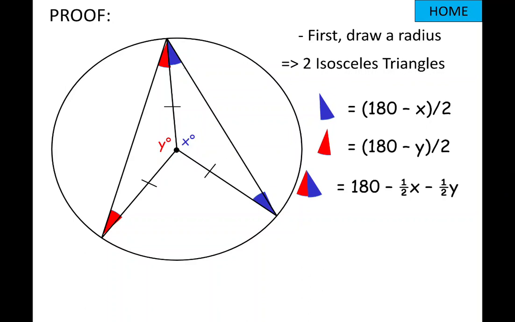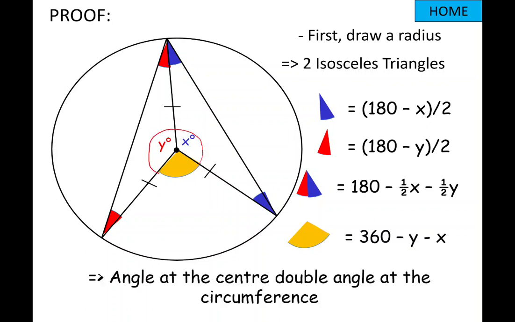That means 180 minus half x minus half y, and this is all 360, right? When we subtract from it minus y minus x, this angle is equal to 360 minus y minus x. Of course, this is double this, right? Because 360 divided by 2 is equal to 180.